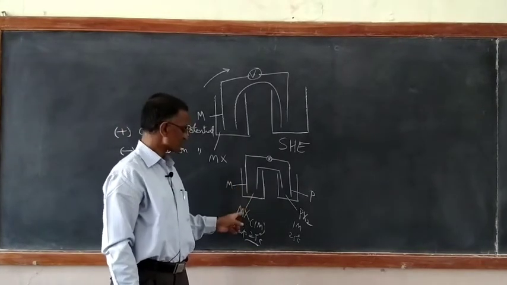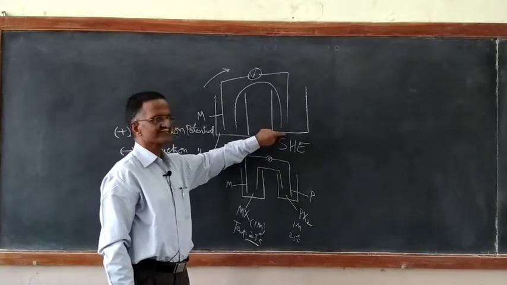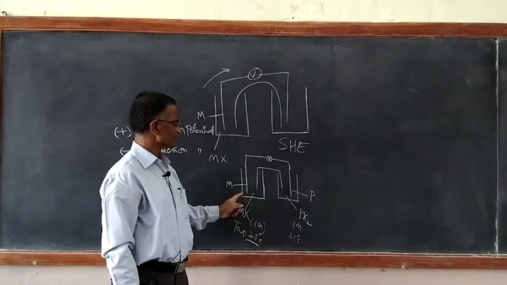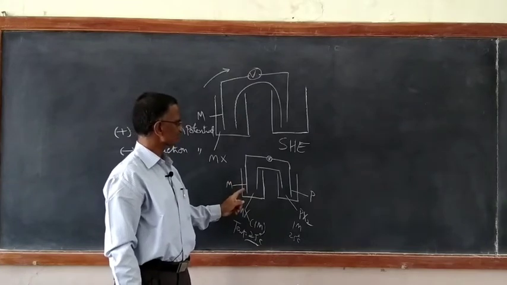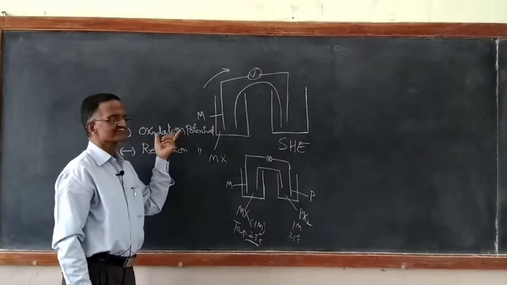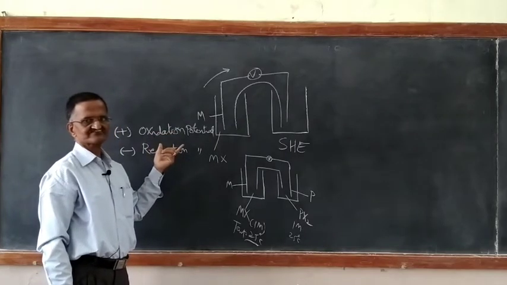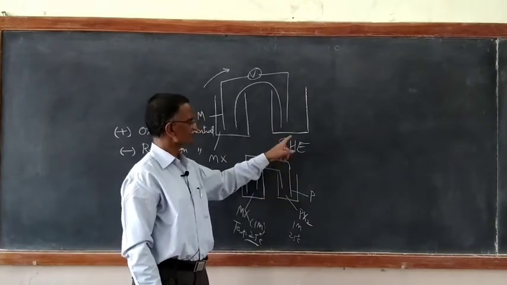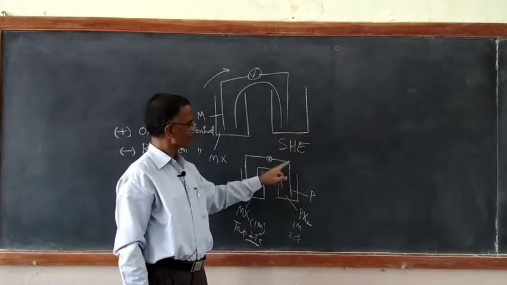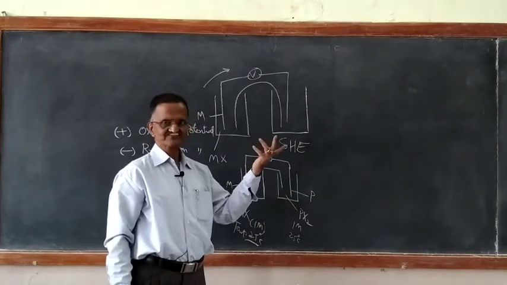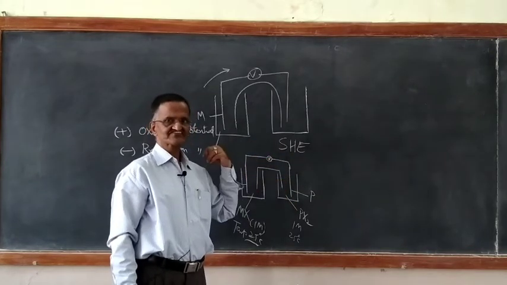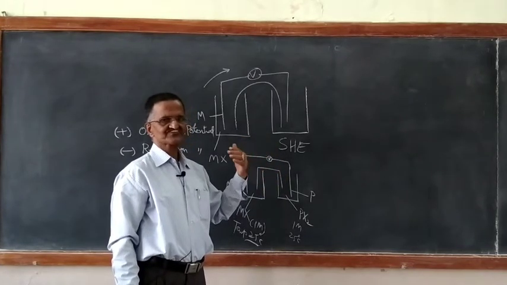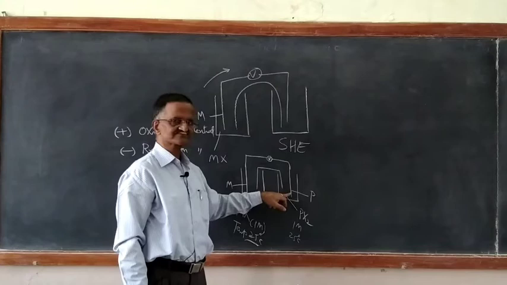When M was dipped in its salt solution and connected to the standard hydrogen electrode, whether oxidation or reduction was taking place at M would show from the oxidation potential or reduction potential value. But when P was connected to the standard hydrogen electrode, reduction must have taken place at P. P must be less electropositive than hydrogen, so reduction was taking place.